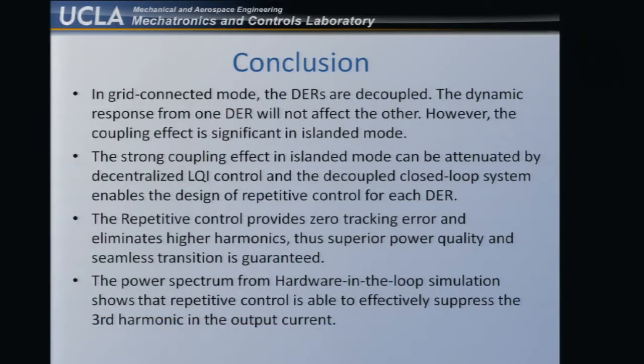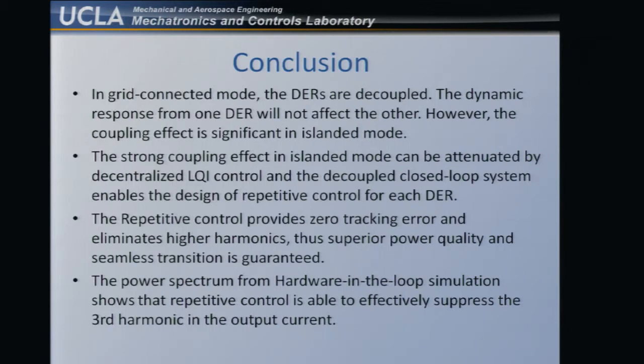Fortunately, by doing model-based linear quadratic control, also based on decentralized control, this decoupled closed-loop system is stable, and it enables us to design a plug-in, add-on repetitive control for the performance.